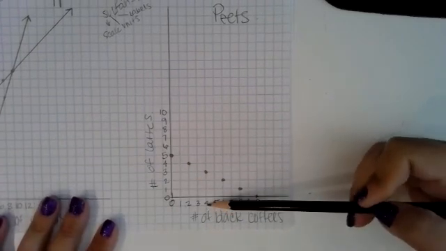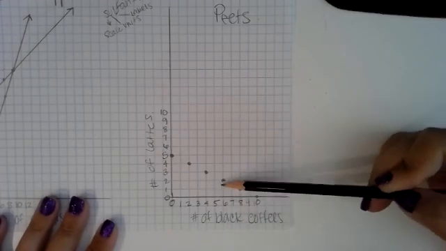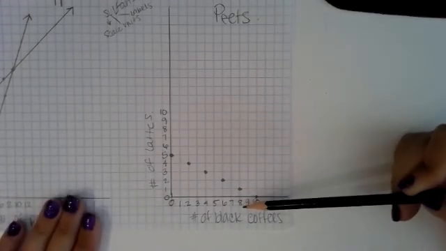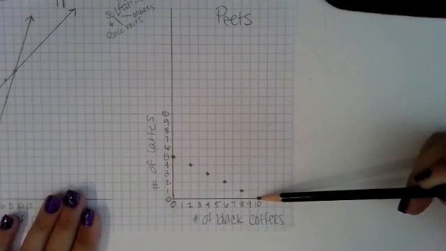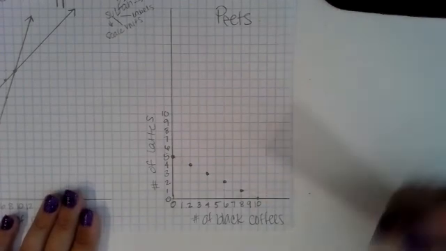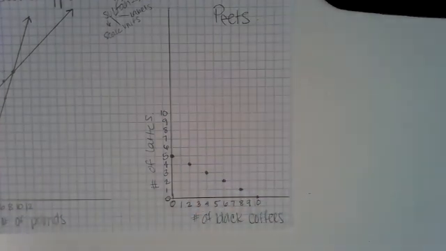I buy my husband 4 black coffees, I can get 3 lattes. 6 black coffees, I can get 2 lattes. 8 black coffees, I can get 1 latte. 10 black coffees, I'm not getting anything. These in-between points don't actually exist in the context of this problem.